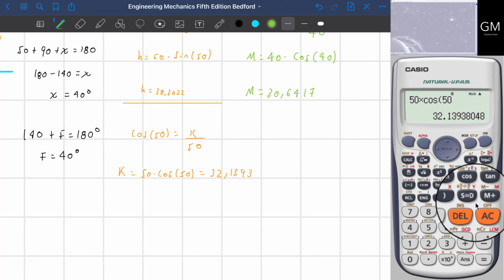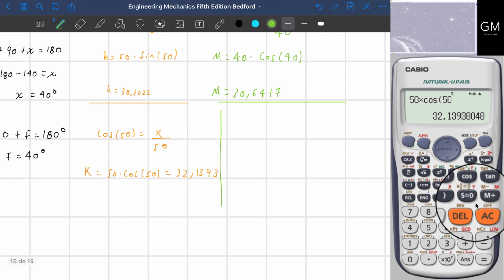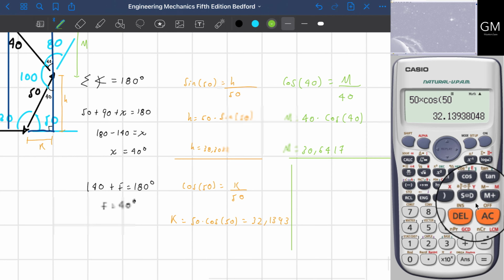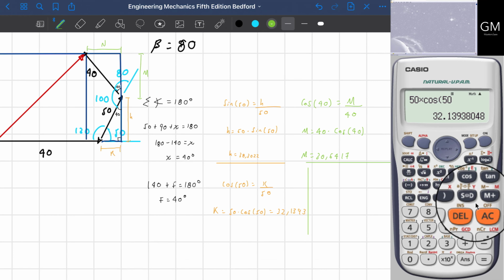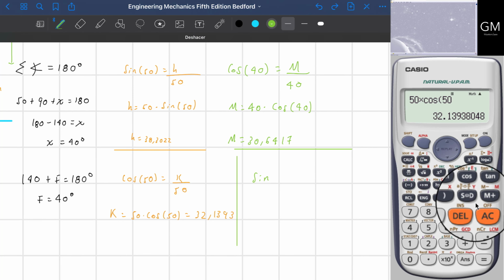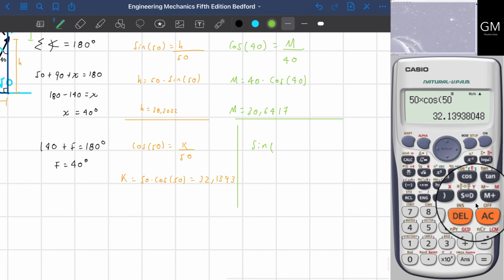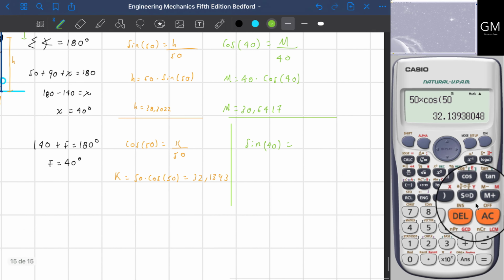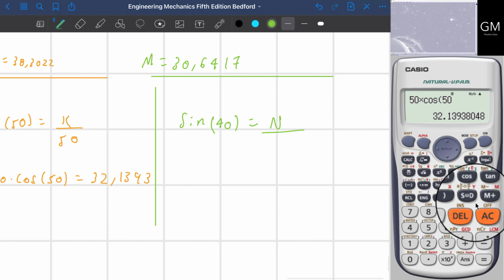Then I'm going to look for this value, and this value is n. So I'm going to use the sine of 40 equals n divided by 40.